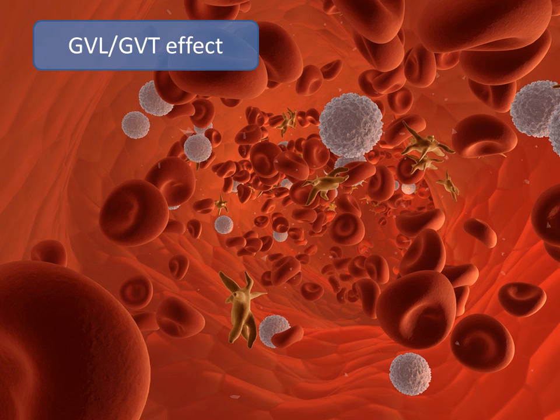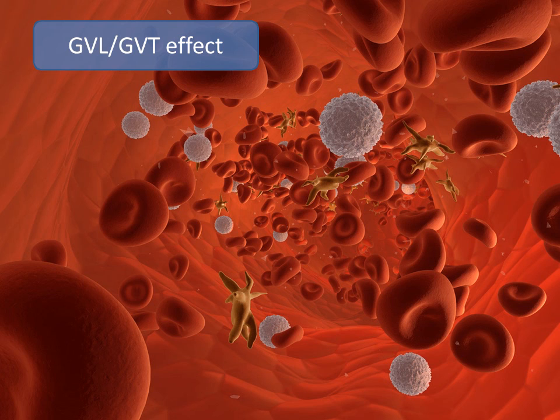This allows less severe conditioning regimens to be used that do not completely disable the patient's hematopoietic system. After treatment, the patient is less severely immunocompromised and recovers more quickly.